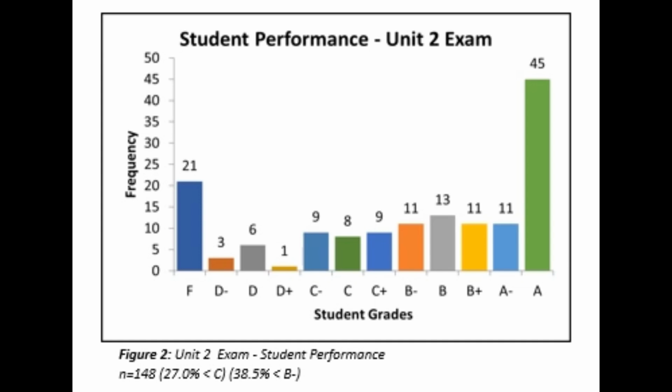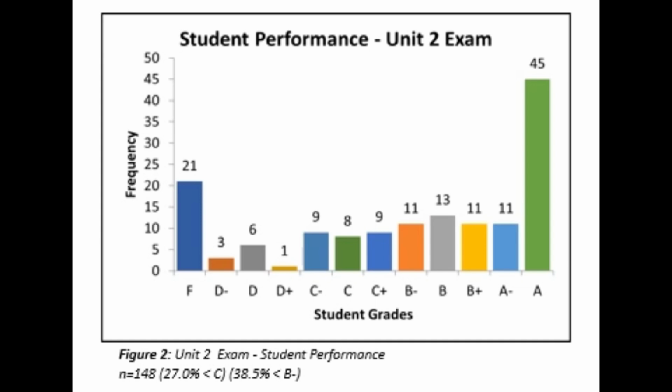So in this case, 21 out of 148 students with an F grade, below 60%. And even in the other groups, I also look here at students below C, which was about 27%, and students below a B minus at 38.5%.